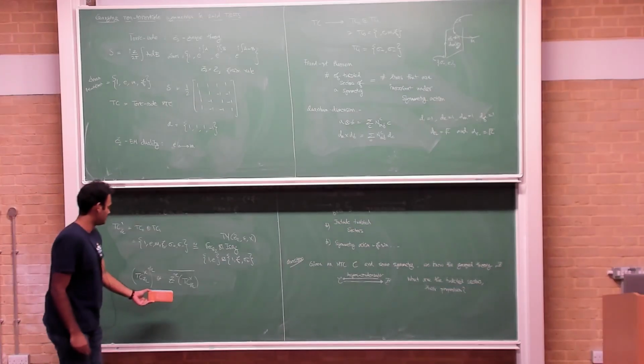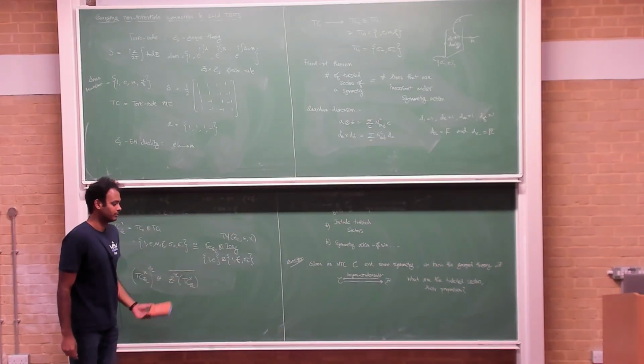So this formula is just a clever way of picking out Ising times Ising bar.